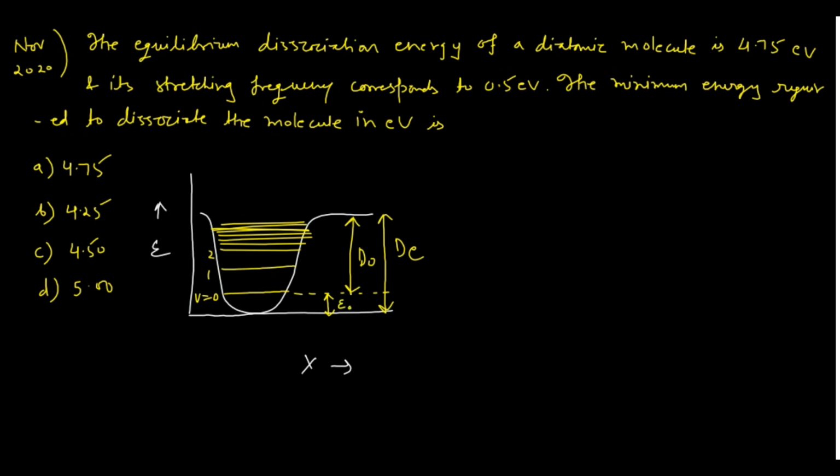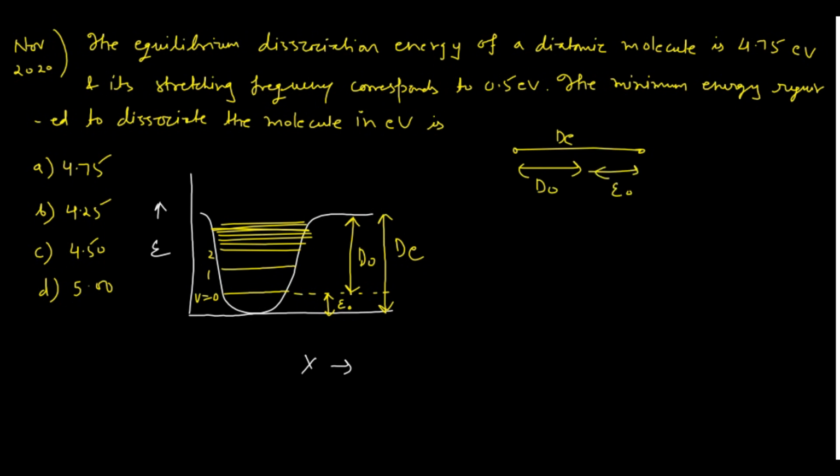Like that. So if you write this DE, this DE has two things. First is your D0 and the remaining is your E0.